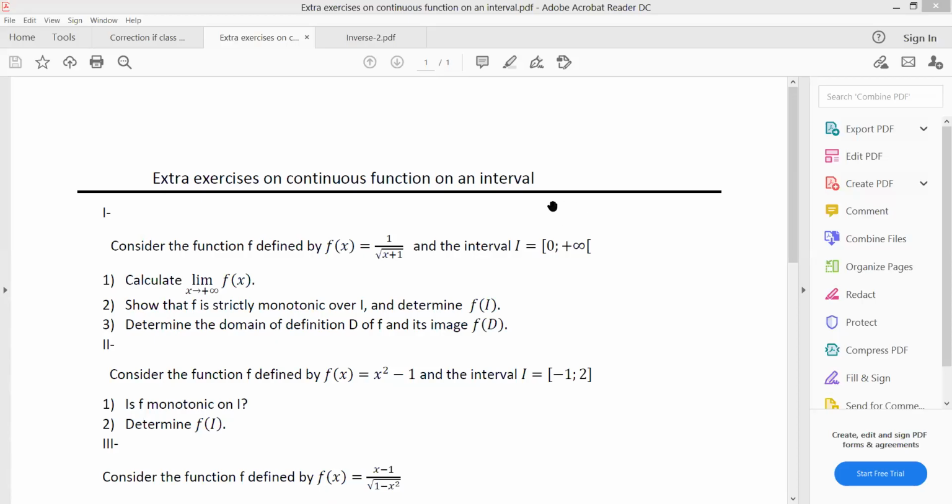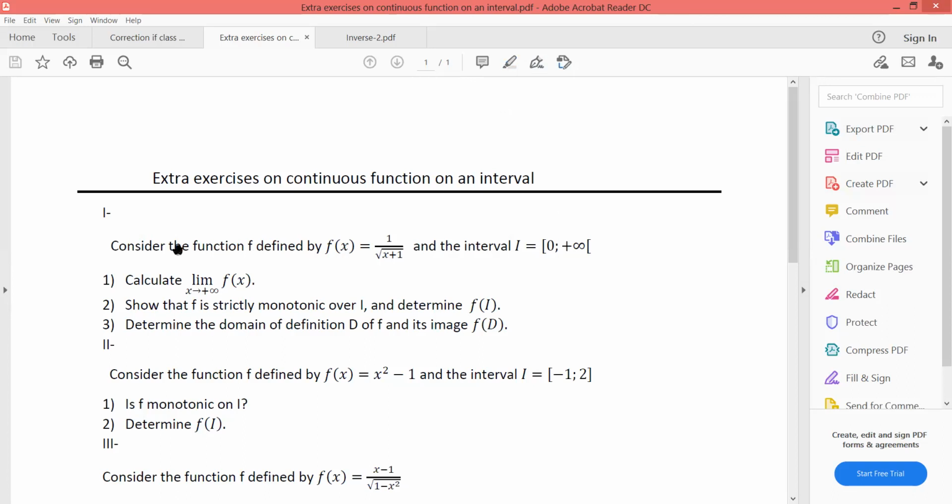Rename. This paper, I sent you once upon a time to solve in class and send the solution. We are going to solve this one first. I sent you the solution.